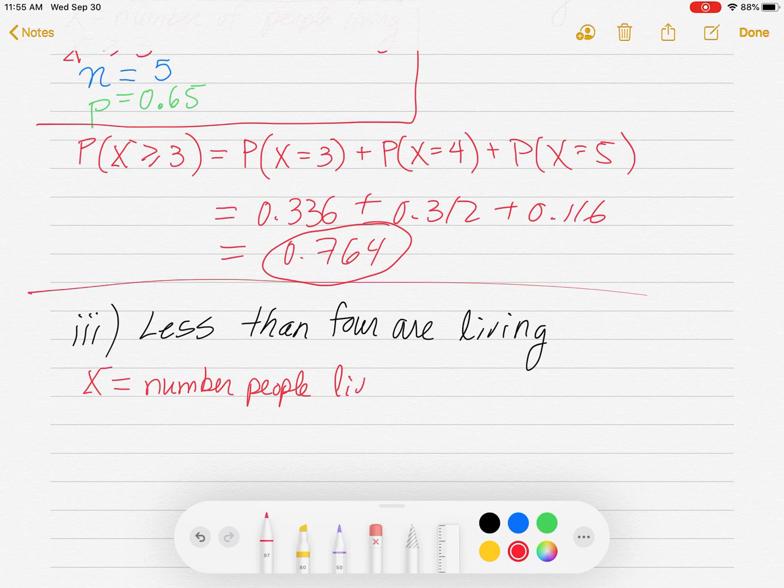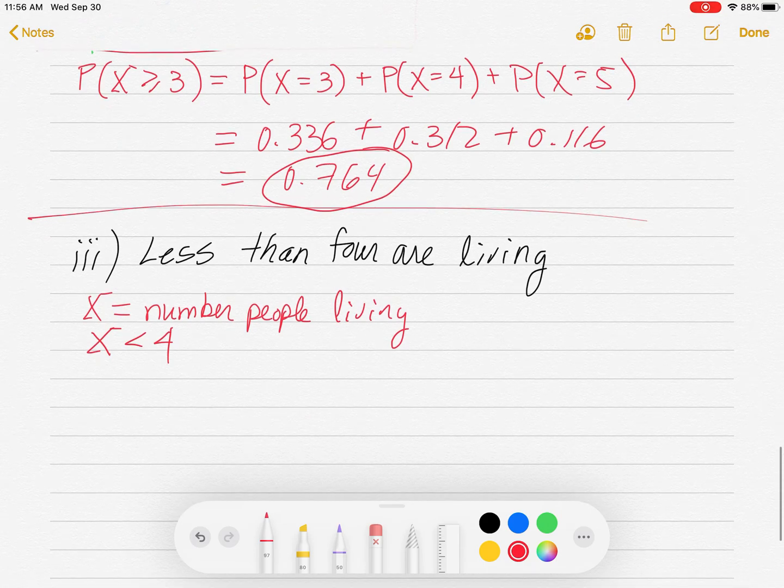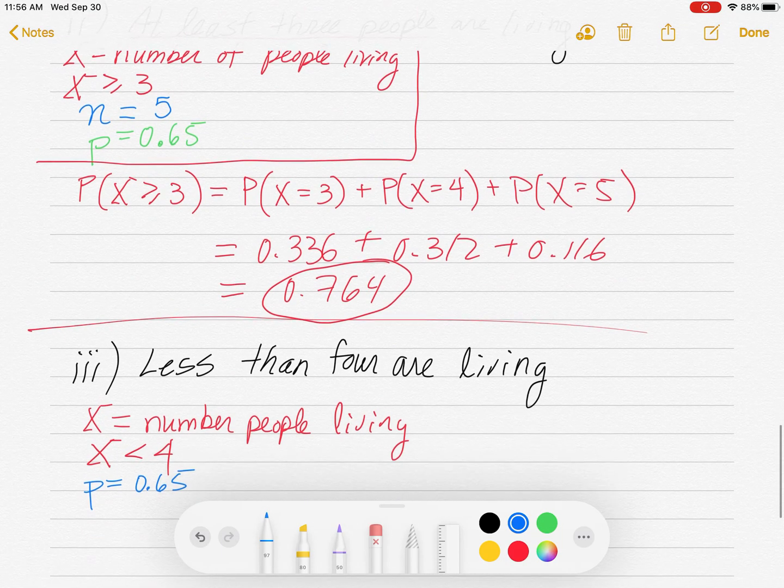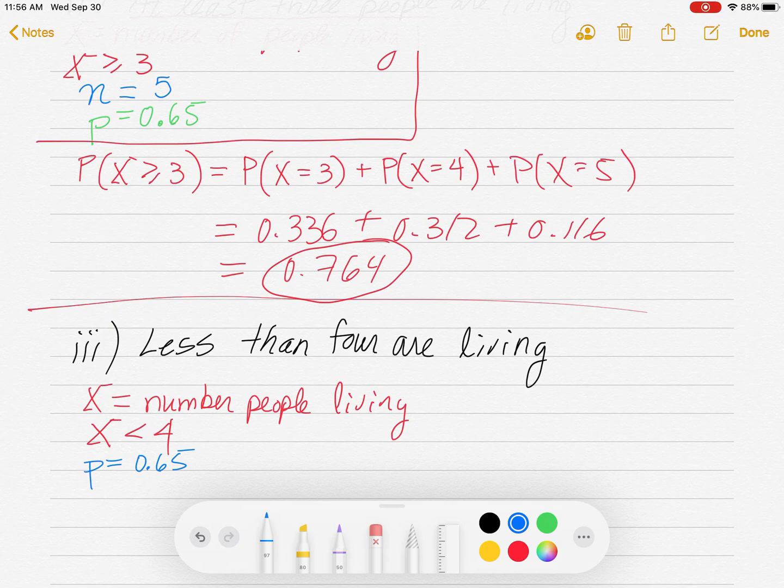That represents the number of people still living after 30 years. And what we want is x to be less than 4, right? We're interested in x being less than 4. What's the probability of the number of people living being less than 4? Remember the probability of success on a single trial, that's 1 person living more than 30 years, is 0.65.